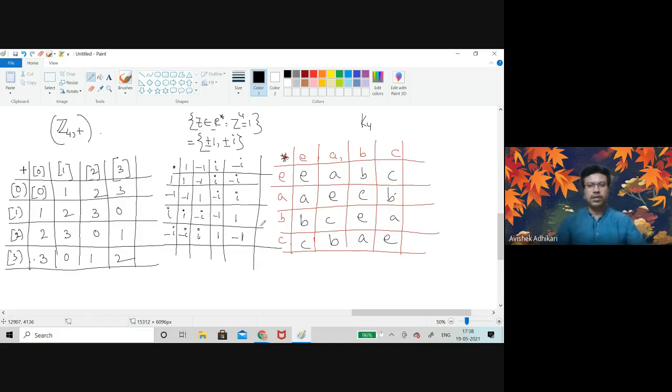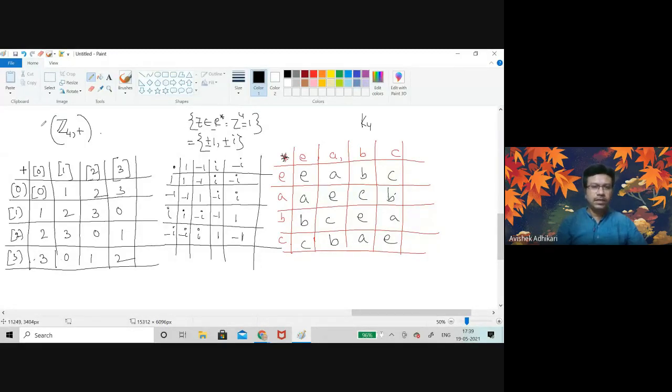Okay, so we have drawn 4 tables. What is our aim? The question is, can you find some group homomorphisms between any two of these? We need to choose 2 of them out of 3.